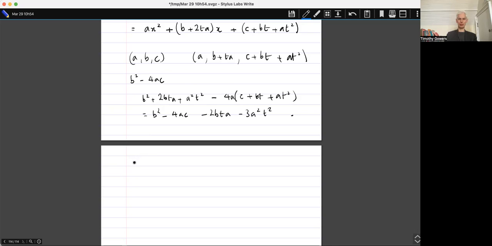Actually, I can certainly use the sum of these two, so I can use as I wish a plus c plus bt plus at squared, and I can also use the product, which is ac plus abt plus a squared t squared.